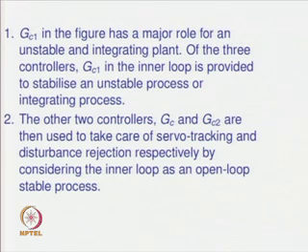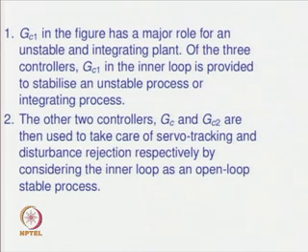Next, GC1 in the figure has a major role for an unstable and integrating plant. The GC1 stabilizes open loop unstable integrating plants. Of the three controllers, GC1 in the inner loop is provided to stabilize an open loop unstable process or integrating process.